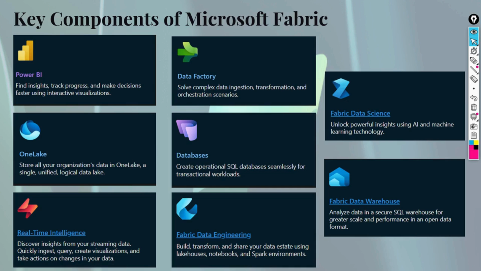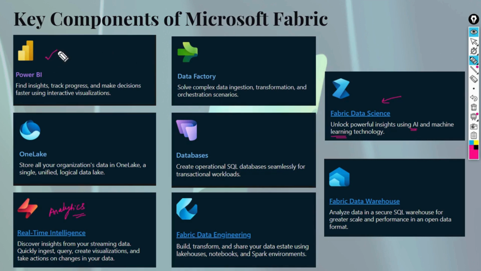Real-time intelligence discovers insights for your streaming data. Here it is basically the analytical aspect that we are talking about. Not only analytics, but it also works on data science, where powerful insights using AI and machine learning are applied. If you look here, you can see that different departments and domains are gathering in one place.